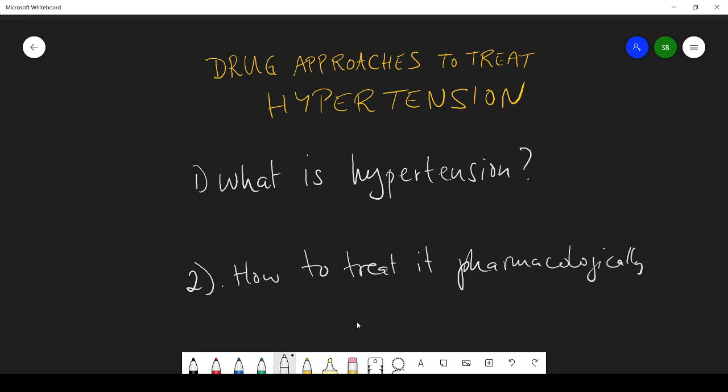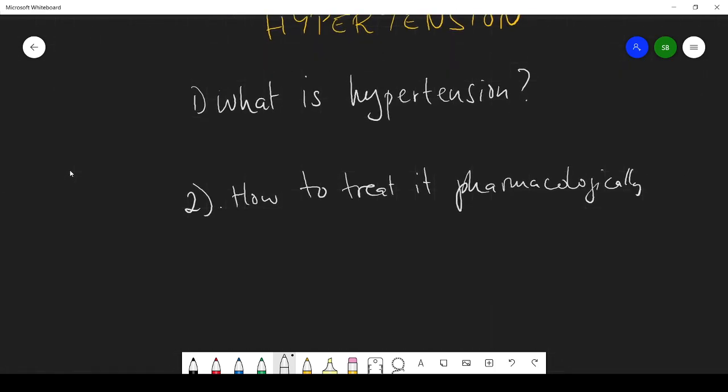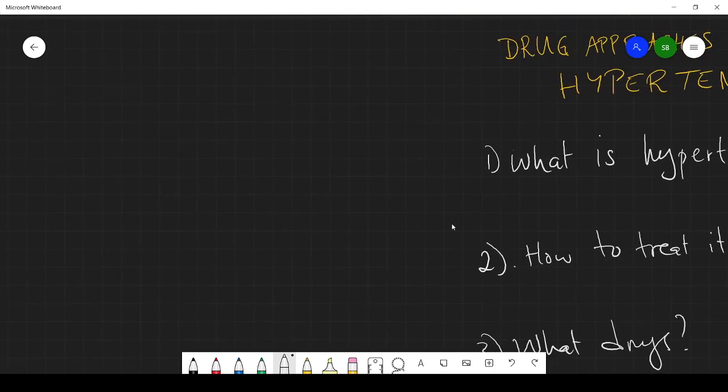And then finally, the third question we'll ask will be, what drugs can we use for that? So let's start with the first question then. What is hypertension?